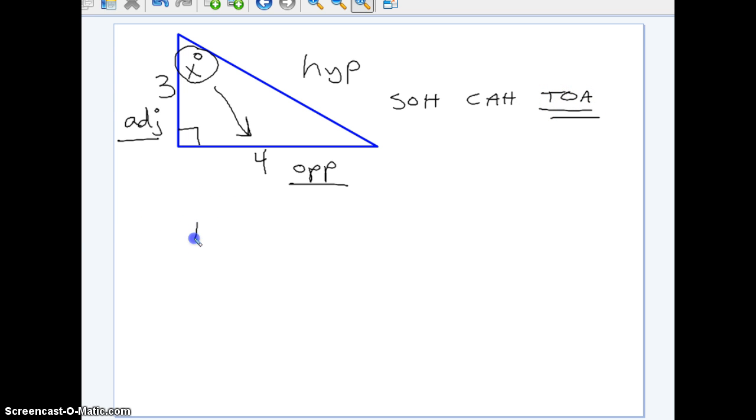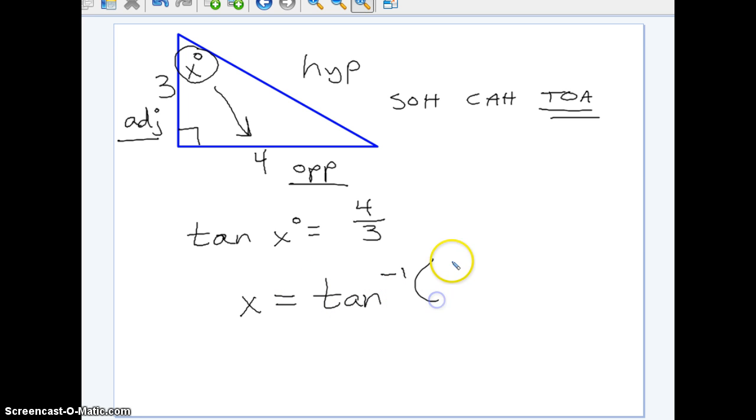So the way we're going to write our equation is the tangent of our angle, which is x degrees, is the opposite leg over the adjacent leg. And anytime you have the variable for the angle, you do the inverse trig function. So x is going to be the inverse tangent of 4/3.